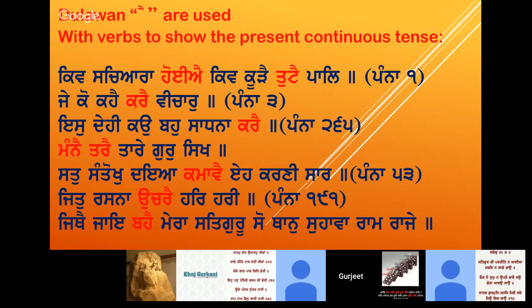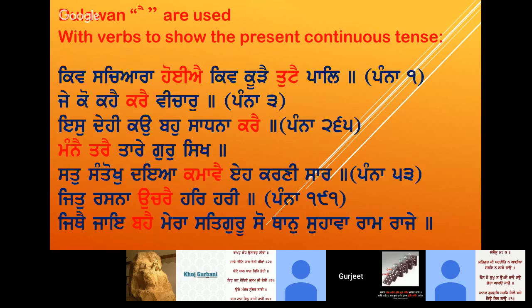So it's quite important for us. Je ko kahe, karai vichar. They are all showing a present continuous tense and they need to be pronounced. Manna, tarai. The second one is tari. So we have to clearly, and there is a word gur and sikh. Gur sikh is not a compound word here.